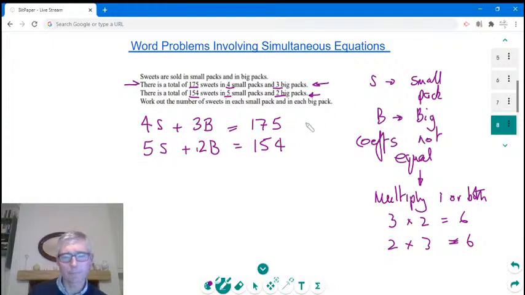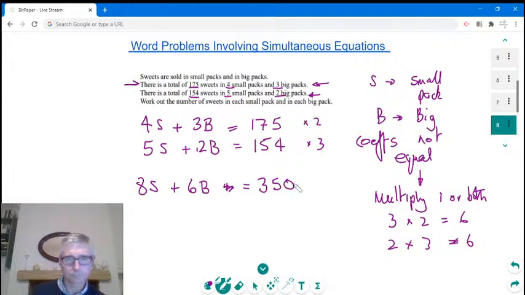So if I times all of this one by the 2, and this one by the 3, then the top one is going to end up being 8S plus 6B is equal to 175 times 2, which is 350.